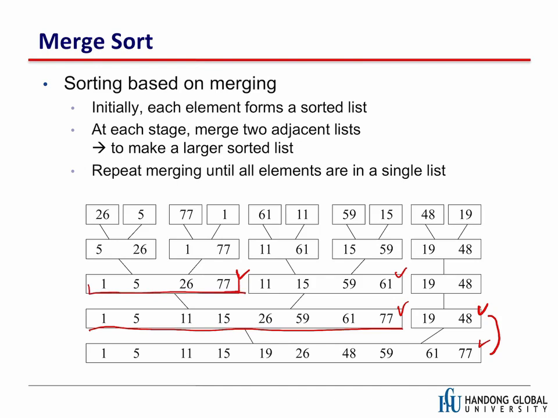Also this sublist can be a result of merging, and this one is also a result of merging of these two. So we can start from individual elements.